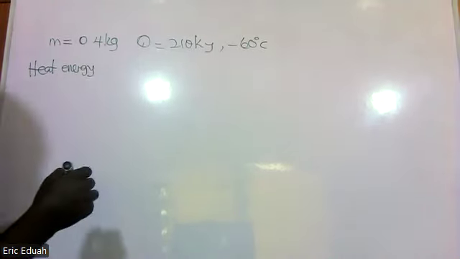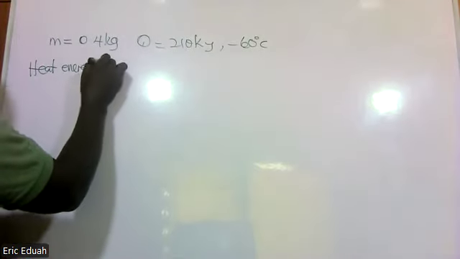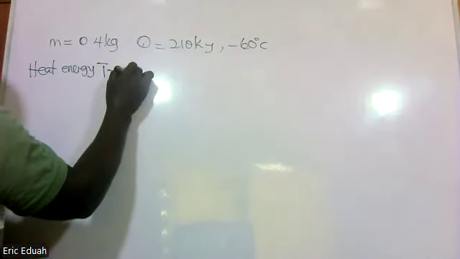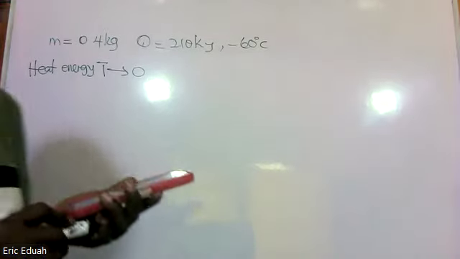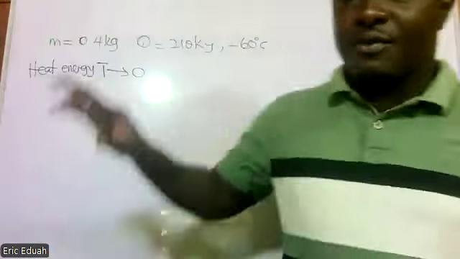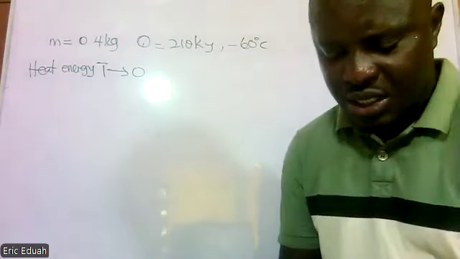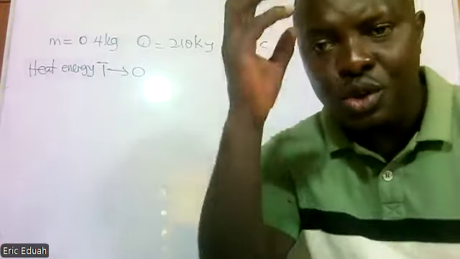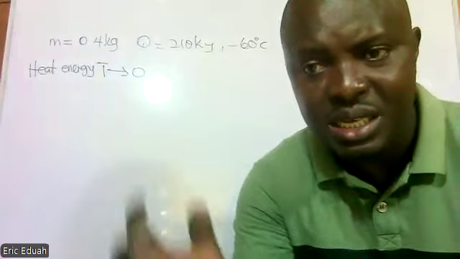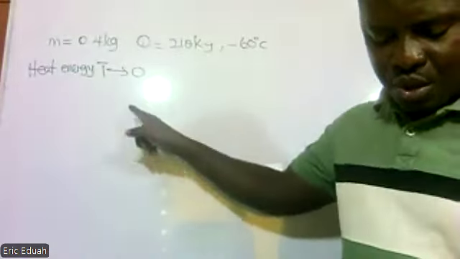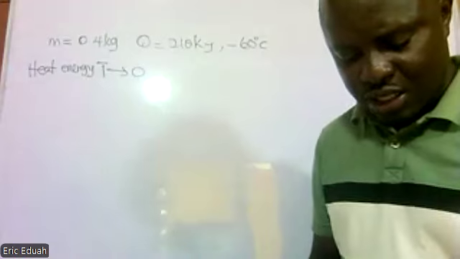And so heat energy to freeze the water from an unknown temperature to 0. So first, whatever the temperature of the water is, it will drop because it said till it freezes. So whatever the initial temperature is, the water will drop. The temperature of the water will drop till it reaches 0 because that is the freezing point of water.